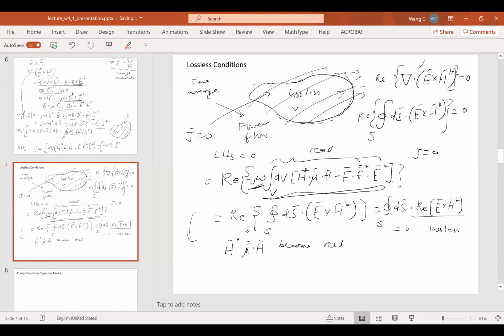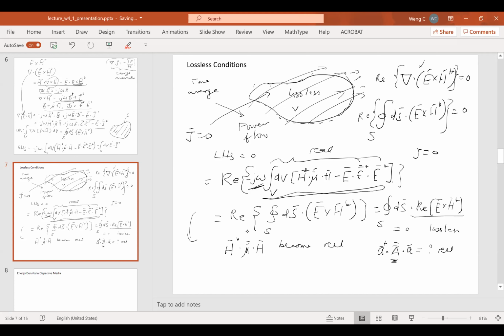Well, there is a matrix theory that says that if you take a vector conjugate transpose, dot with the matrix and dot with the vector itself, this becomes purely real if A has some certain special properties.